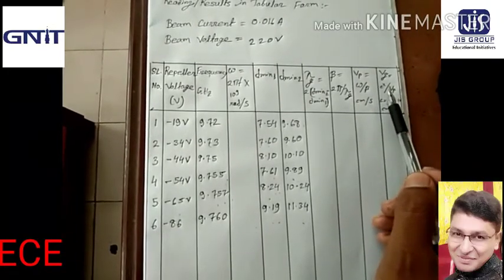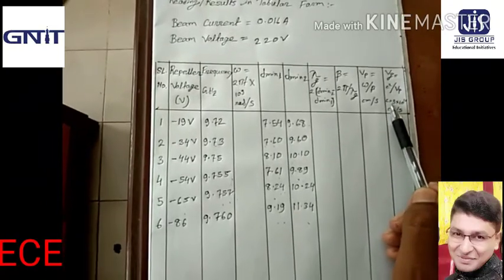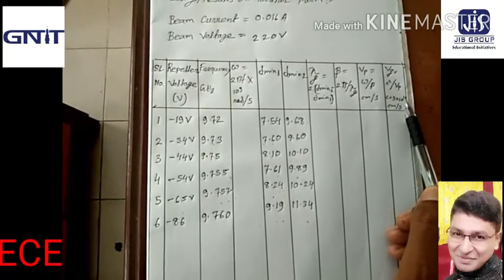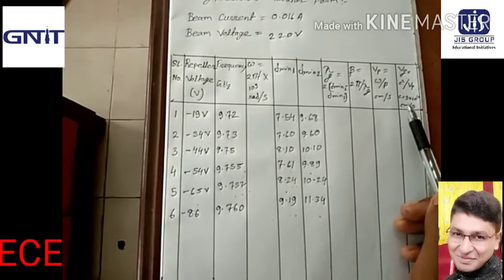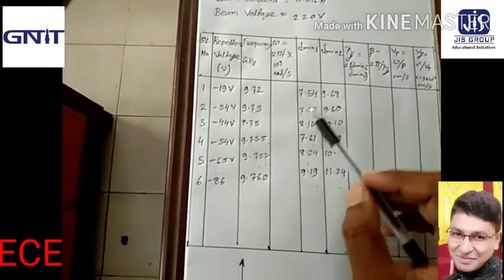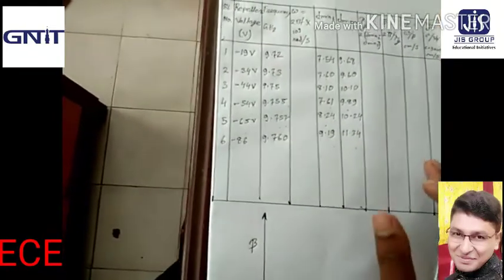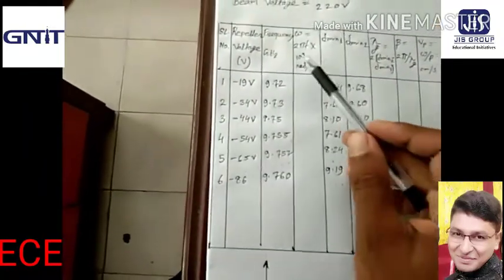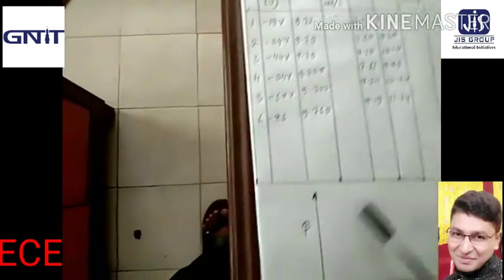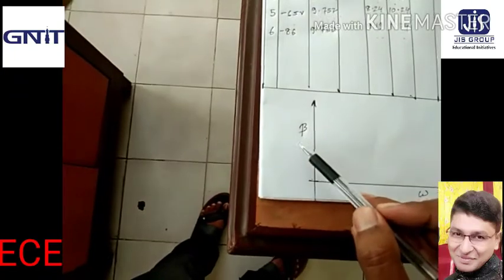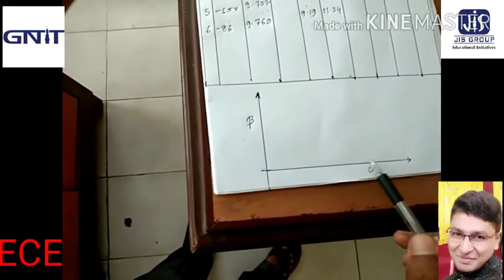Vg, group velocity, is equal to c square by phase velocity. C is equal to 3 into 10 to the power 10 centimeter per second. This is all our calculation. Calculate omega and beta and plot the graph. Y axis is beta and x axis is omega.